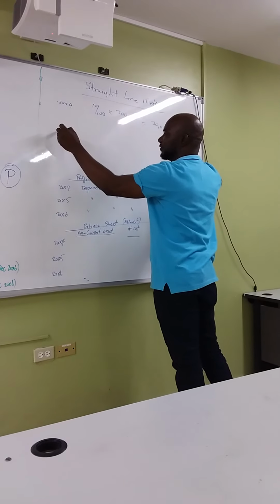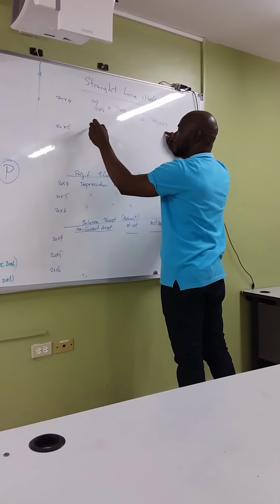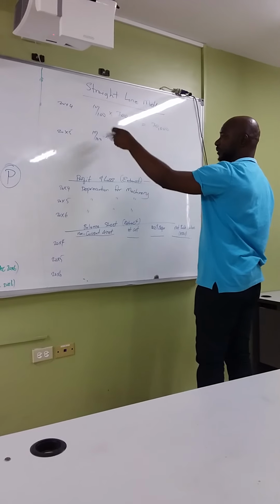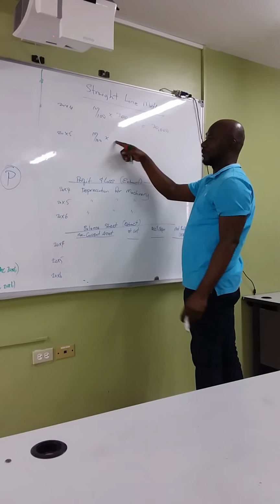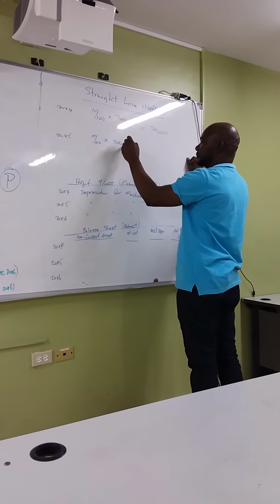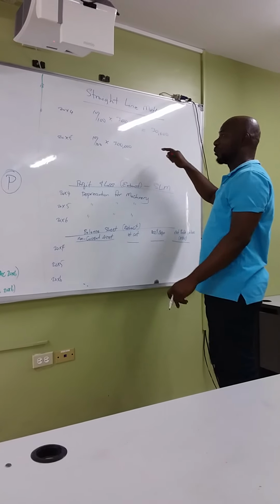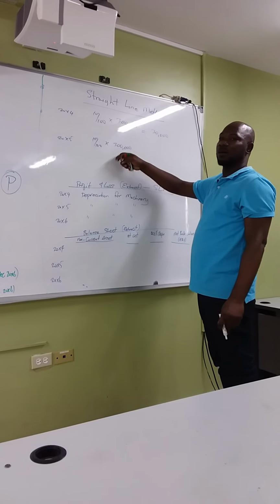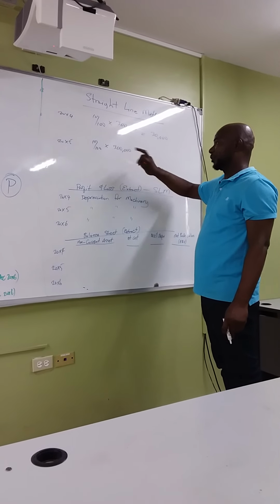Let's go to 2005. It's 10 over 100 multiplied by, again, the same 300,000. Why? Because with the straight line method, it is calculated on the cost price of the asset each year.